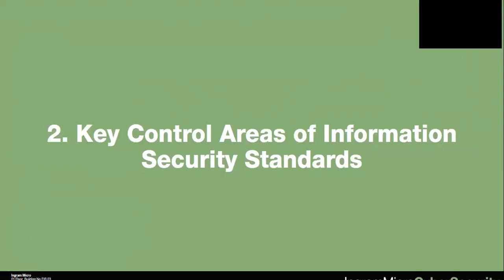Now that we received a high-level view on the previous slide of cybersecurity standards, information security standards and the regulatory landscape, we will get into the actual contents of the standard.